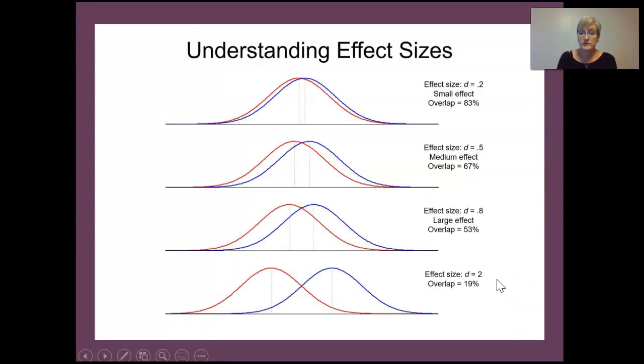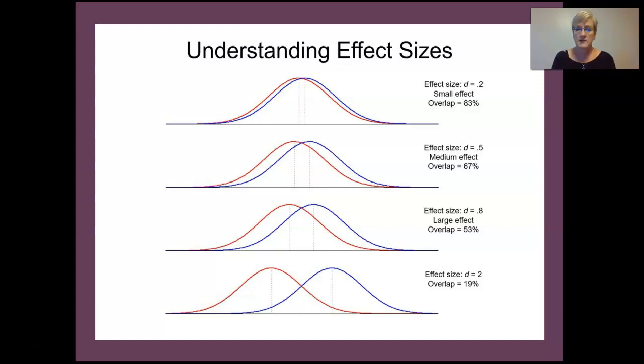Just to give you a visual, I'm a very visual learner, and I didn't really find myself able to wrap my head around effect sizes until I looked at a picture somewhat like this one. Let's say you were comparing males and females on a spatial skills test. Think of games like Tetris that require spatial skills, like rotating objects in space.